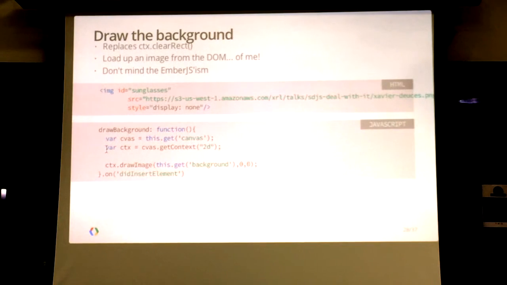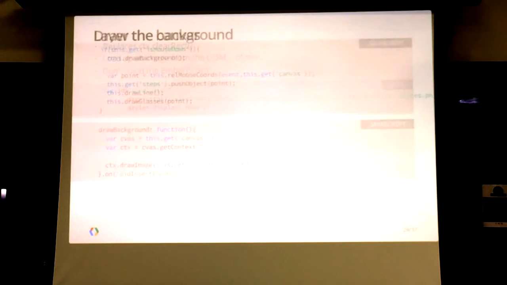A lot like everything else you saw, but we're just going to draw this image that I've set in the Ember model background. Don't worry about it too much, but this .get background returns the DOM element, and whenever the Ember view is shown, whenever it gets rendered to the DOM, it will call draw background for me. So I'm just telling Ember, whenever you show my code, make sure you call this.